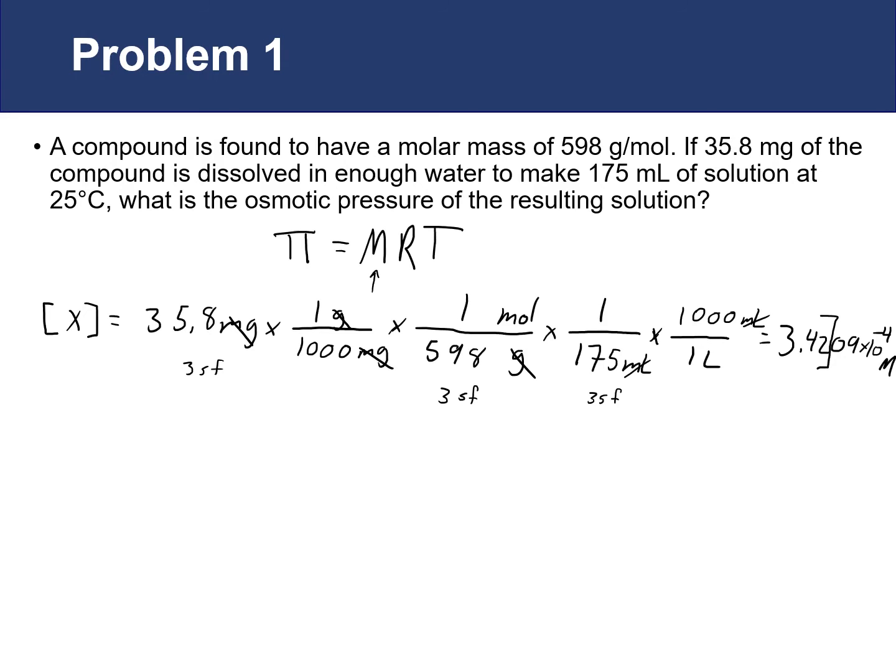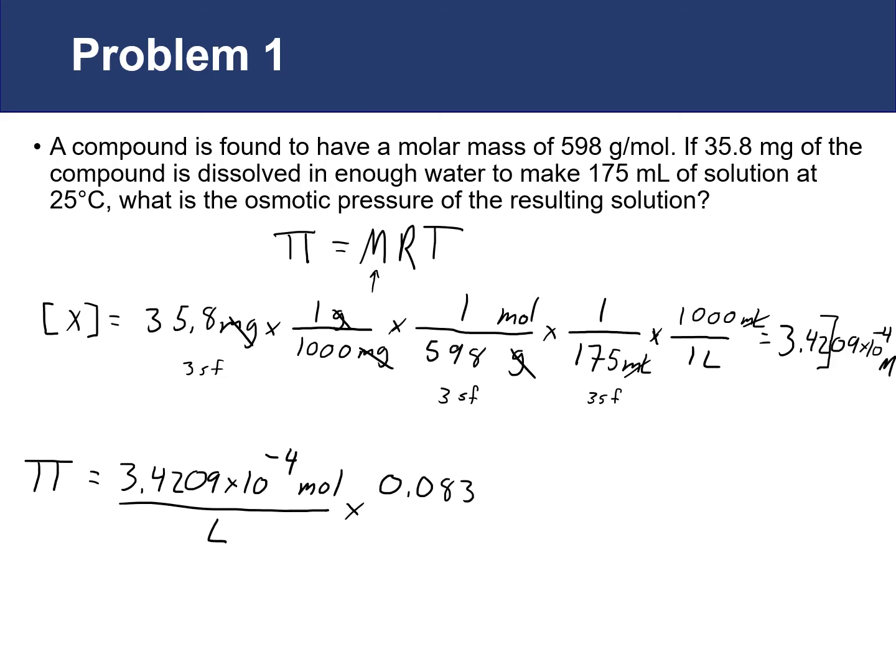We can now plug this in to our equation and get the osmotic pressure, pi, is equal to our concentration, 3.4209 times 10 to the negative 4 moles per liter, times 0.08314 liter bar per mole Kelvin.